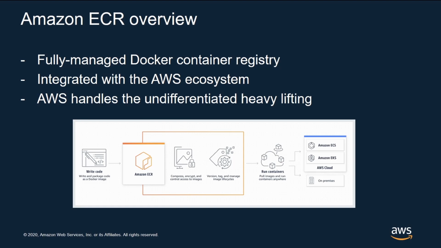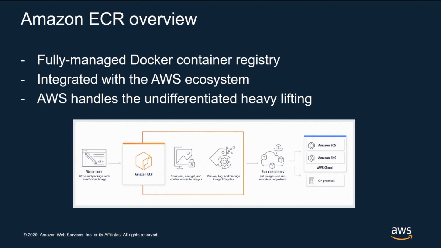Developers can use their preferred CLI to push, pull, and manage Docker images, Open Container Initiative or OCI images, and OCI-compatible artifacts. Amazon ECR is integrated with the AWS ecosystem with services such as Amazon Elastic Container Service or ECS, Elastic Kubernetes Service or EKS, Identity and Access Management, and our Key Management Service.